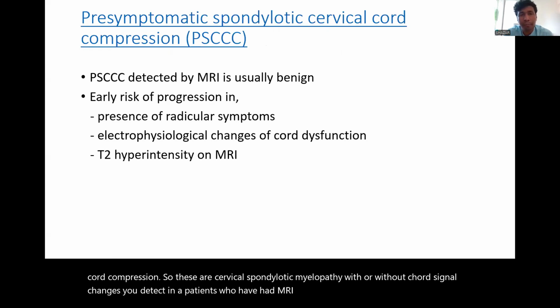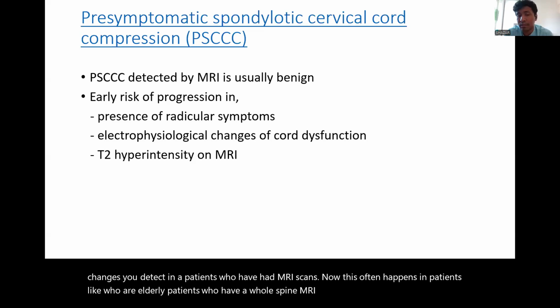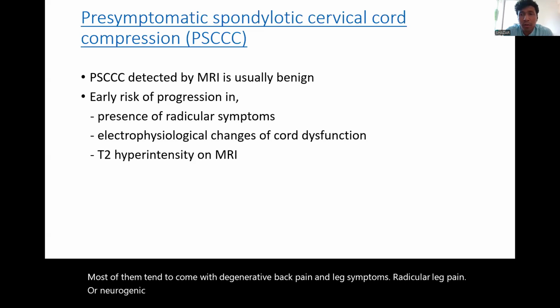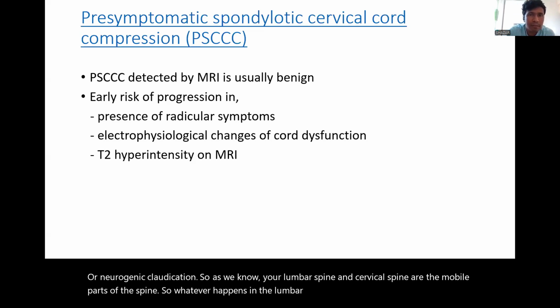Now, this often happens in elderly patients who have a whole spine MRI scan for other reasons. Most of them tend to come with degenerative back pain and leg symptoms, radicular leg pain, or neurogenic claudication. So as we know, your lumbar spine and cervical spine are the mobile parts of the spine. So whatever happens in the lumbar spine is likely to happen in the cervical spine also.